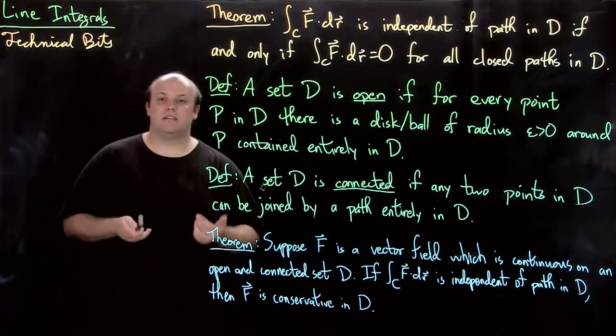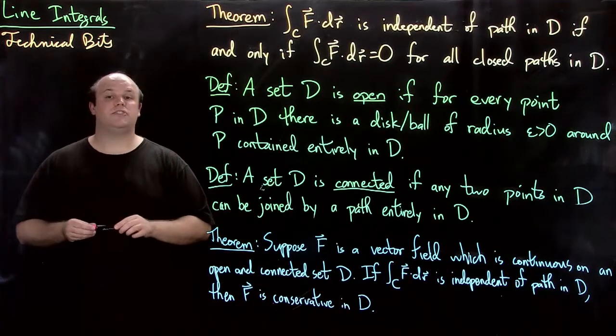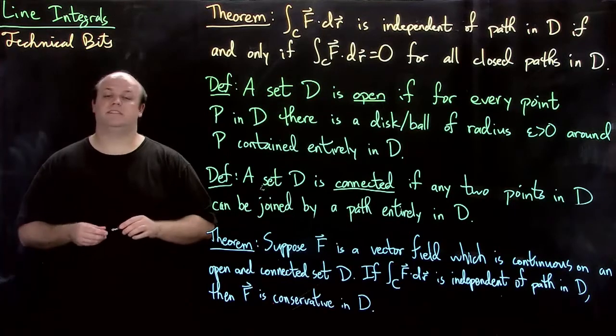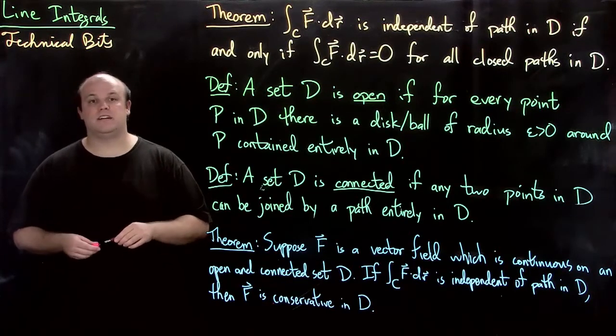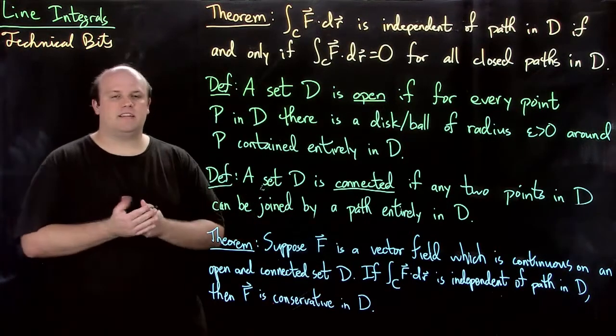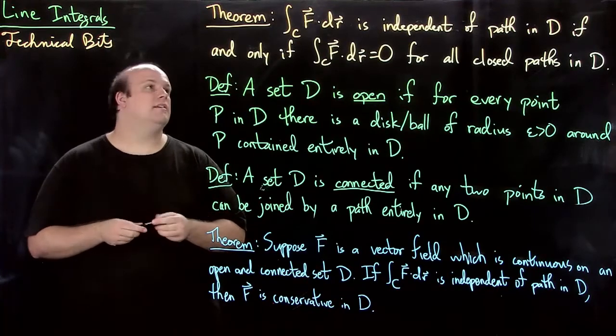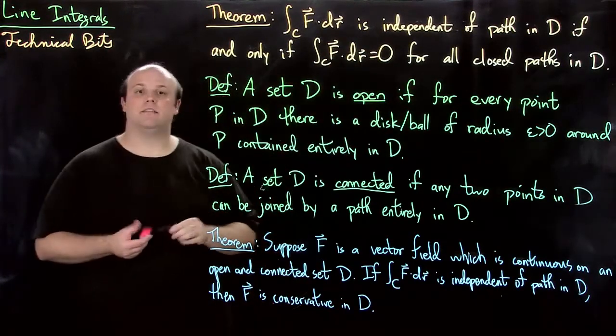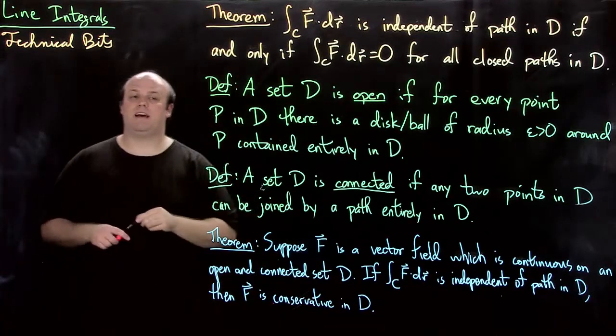Now this actually isn't so challenging to prove, so I want to challenge you. Prove this theorem. You can do it. Basically, the idea is to show that independence of path implies that the line integral around any closed path is 0.